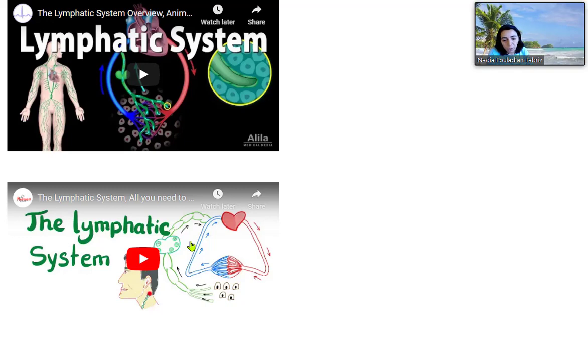Generally, as I have this picture here, I can explain that this part of the lymphatic system, which helps the cardiovascular system hand in hand to make the whole system work, is about the fluid that we have. Imagine you have the heart, which sends the blood out through the arteries.